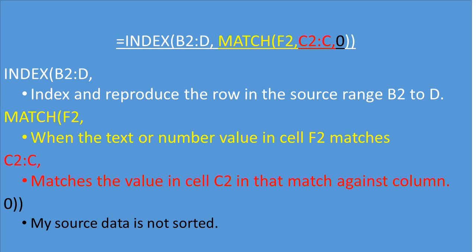And then you match the value in cell FC, or whatever it must be, with the value you find in the column C2. And then please remember that my data is not sorted. Those are the 4 elements of this basic formula.